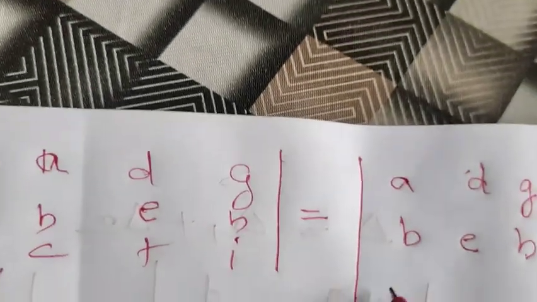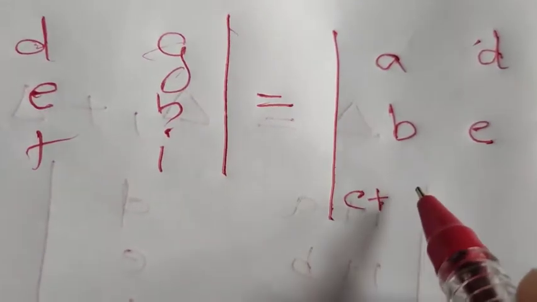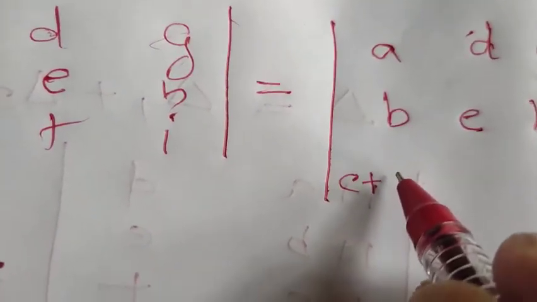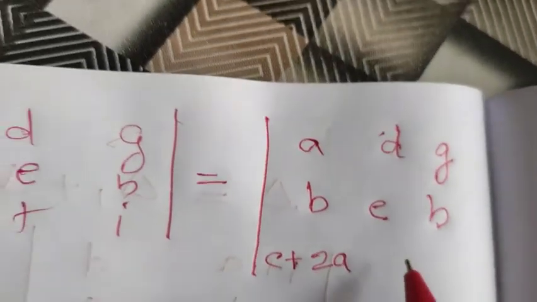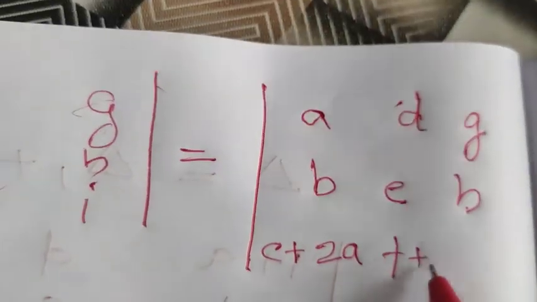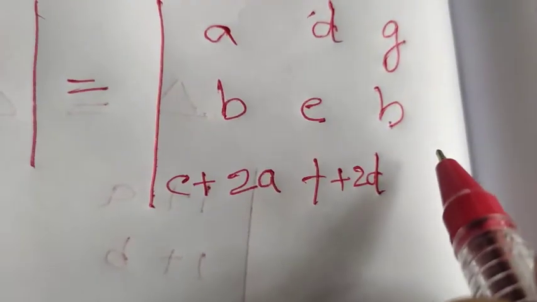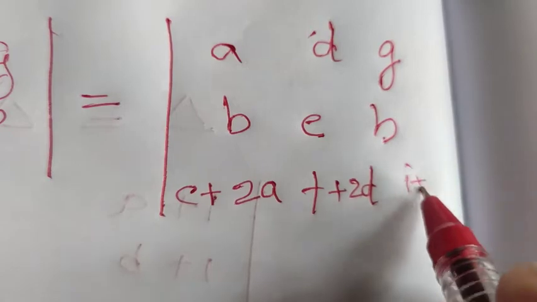Now, the third step we can take like this. C is here, but we can take C plus 2A. And here we can take F plus 2D. And here you can take I plus 2G.